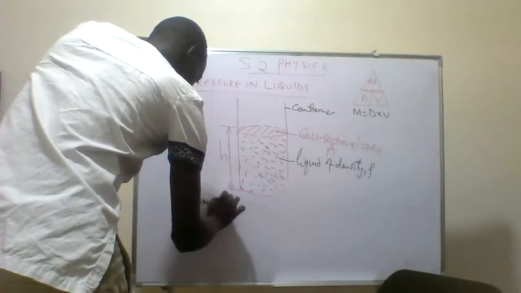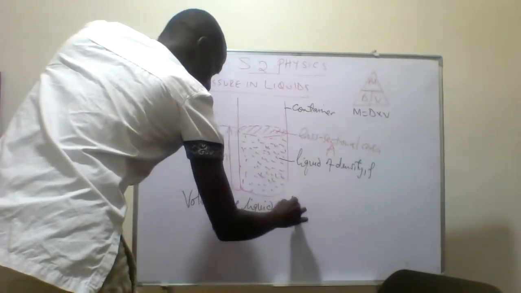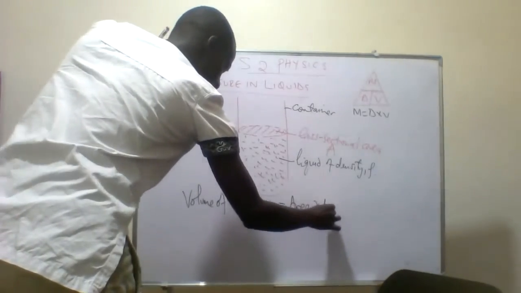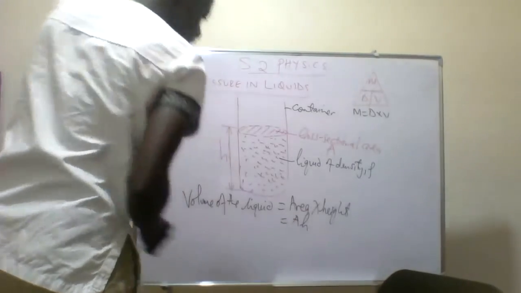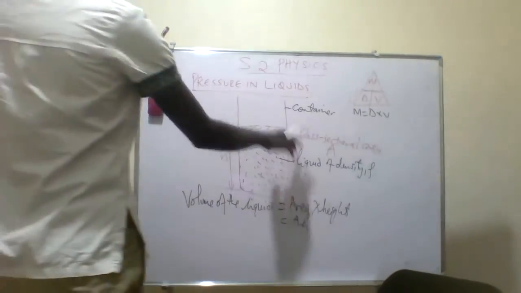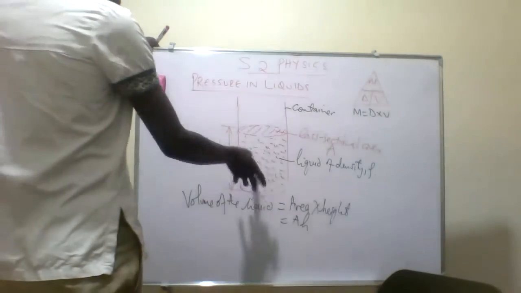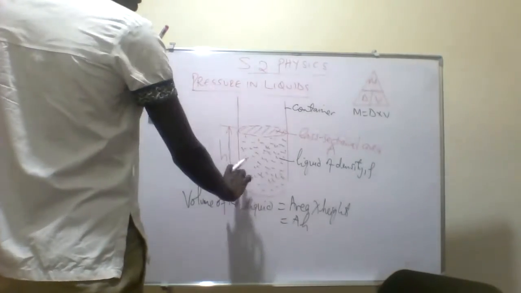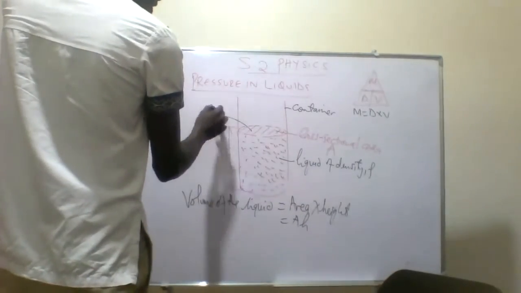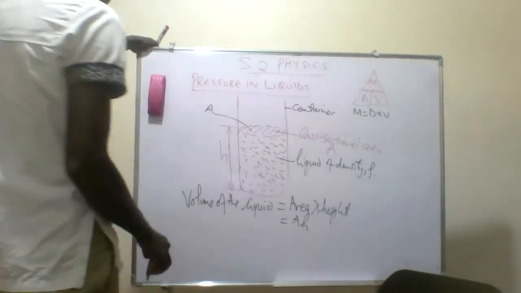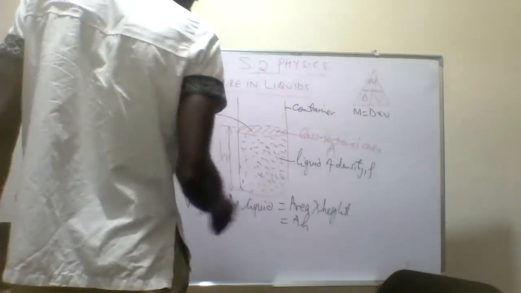Volume of the liquid is got by cross-sectional area times the height, which gives us AH. This is a cylindrical kind of container, so the volume of the entire liquid is the cross-sectional area A times the height of that liquid inside the container.